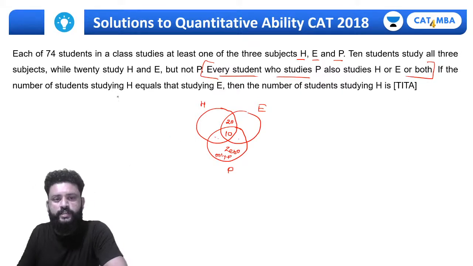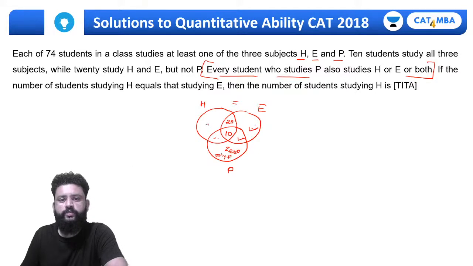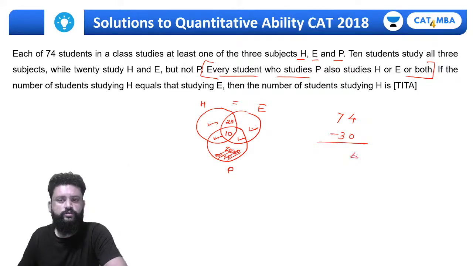Then if the number of students studying H and E are equal, the totals of H and E should come out equal. So definitely these two parts we have to divide in half. Total 74 students, guys. There is no one here, this is 0. Now out of 74, 30 are already common, so we are left with 44 students.